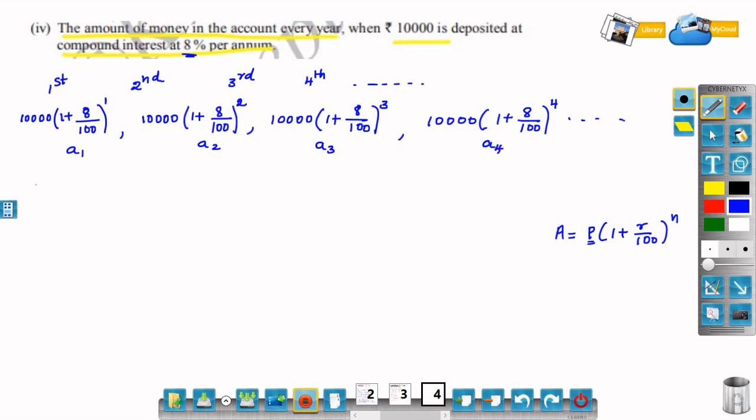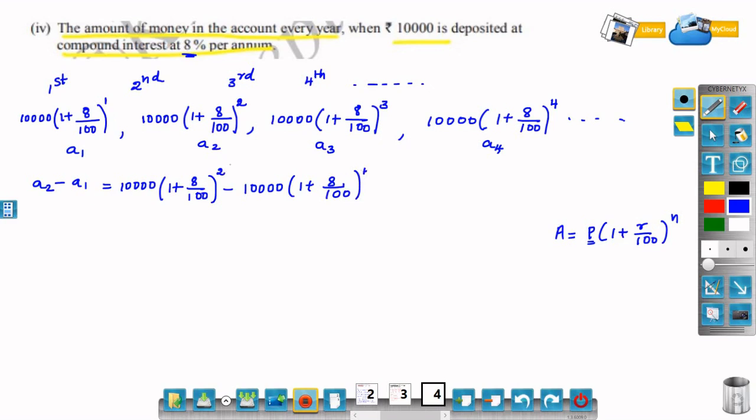Now find the difference, second term minus first term. The second term is 10,000 into 1 plus 8 by 100 whole square, minus 10,000 into 1 plus 8 by 100 power 1.